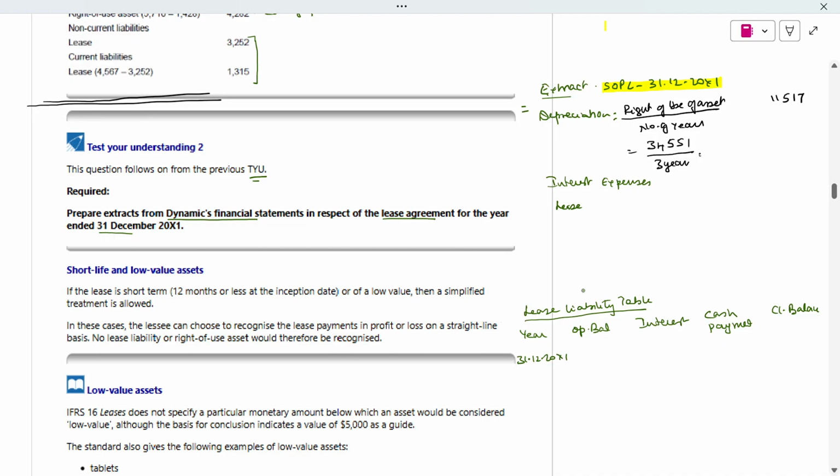Opening balance is how much? We have calculated the lease liability: 31,551. Is it there? Yes. Interest is at the rate of how much? 5%. Check. Yes, it's fine. How much will it come to?